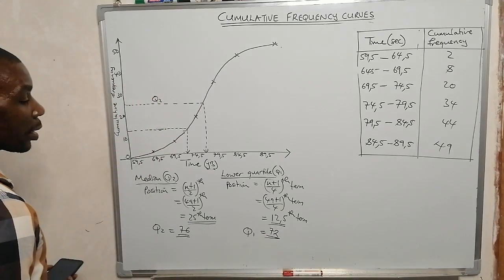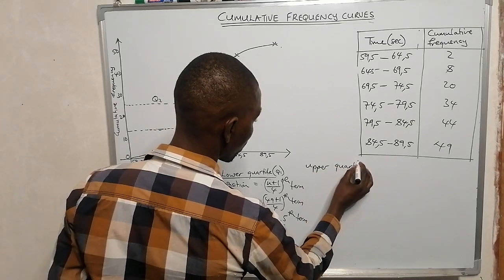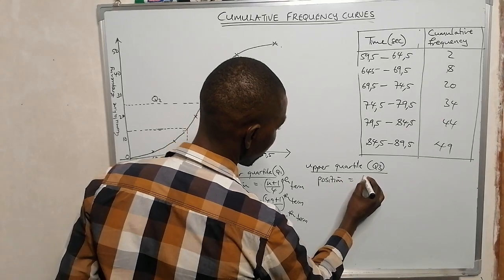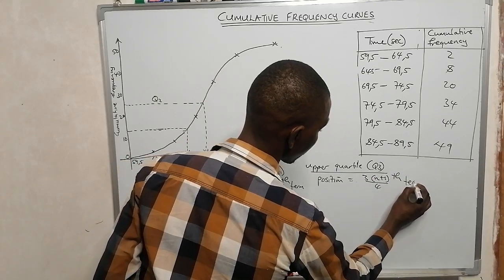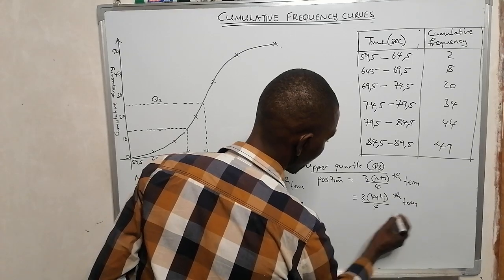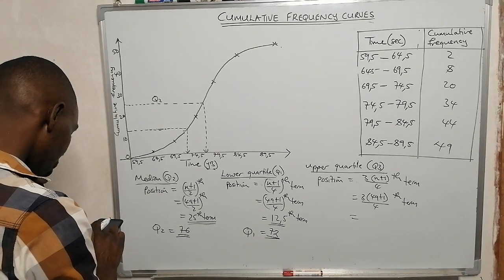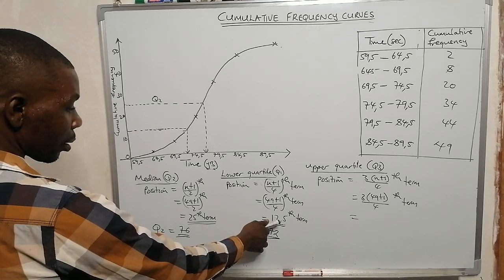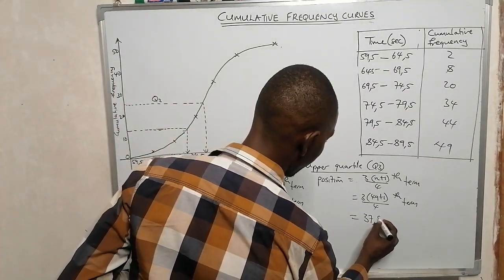Right, now we want to find the upper quartile, which is Q3. The position is given by 3 times n plus 1 over 4, which is equal to 3 times 49 plus 1 over 4, which is equal to 3 times 50, that's 150. 150 divided by 4, you can use your calculator, or you can just say 12.5 times 3, that will be the 37.5th term.